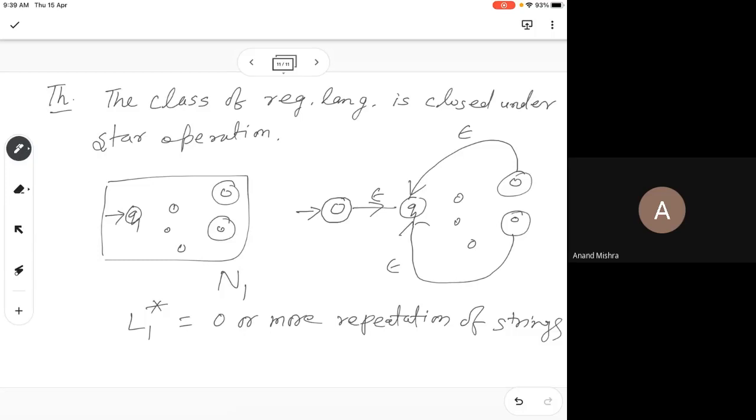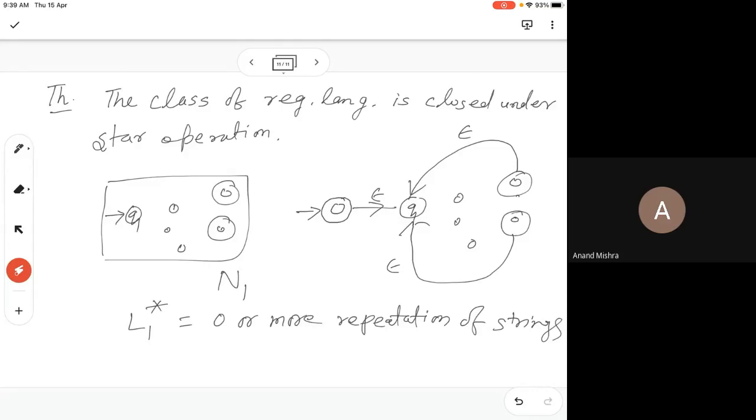This should do your job. Once you recognize some string, you start from here and reach here. When you reach here, you again go to the first step and repeat that. So you are repeating the same thing again and again, and therefore this will do the star operation.